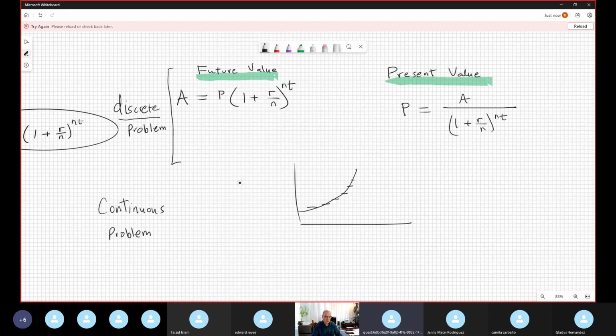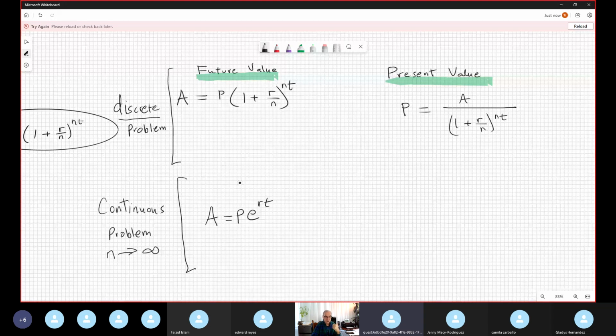Because you suppose in the continuous problem that M, the compounding, is a huge number, it's infinity. And when you apply the limit, this exponential converts to e. Remember the definition of e to the RT, and don't forget the present value. This is a formula to estimate future value under the supposition that compounding is continuous. What continuous means is that the interval is too small and we have infinite intervals.